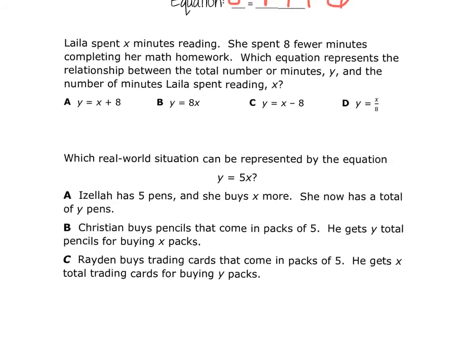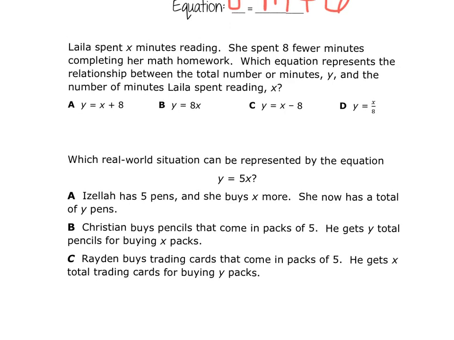All right, now let's look at a matching one here. It says Layla spent X minutes reading. She spent 8 fewer minutes completing her math homework. Which equation represents the relationship between the total number of minutes, which is Y, and the number of minutes Layla spent reading, which is going to be X?